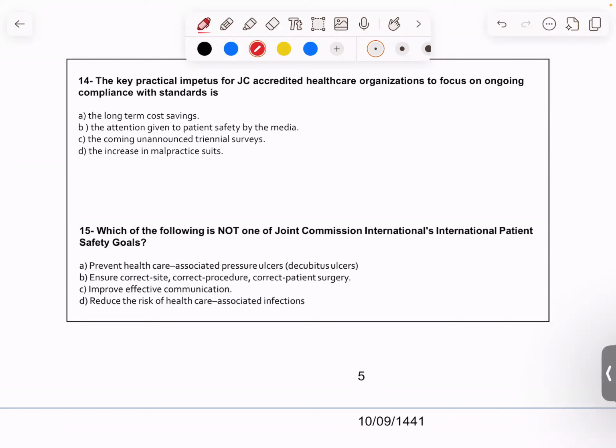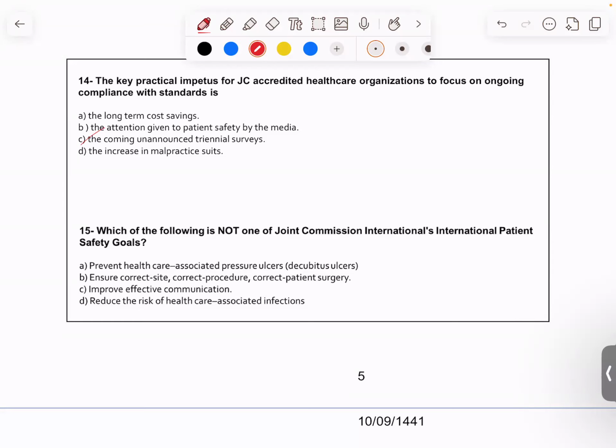C. Yes, the presence of unannounced visits by regulatory bodies. Because if non-compliance is found, it results in penalties and higher costs, right? So this forces the organization to maintain continuous compliance rather than just preparing for the scheduled audits.